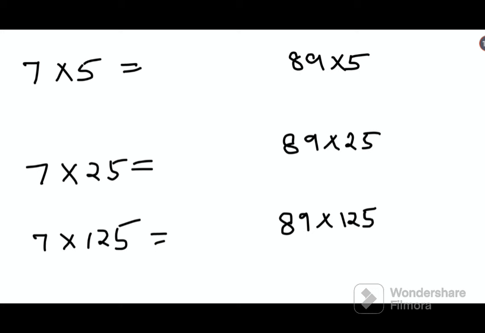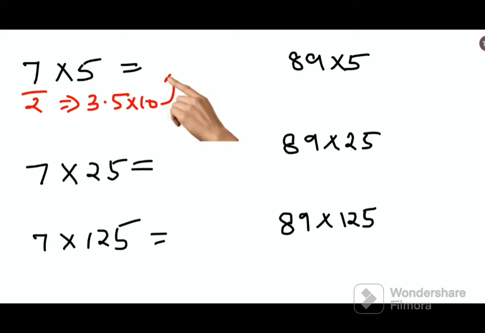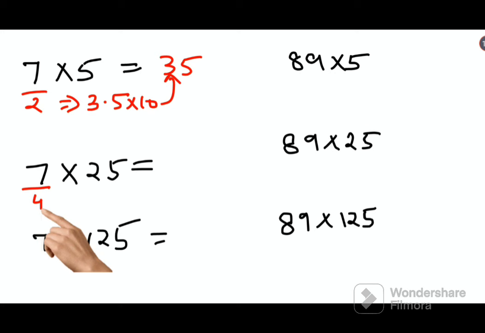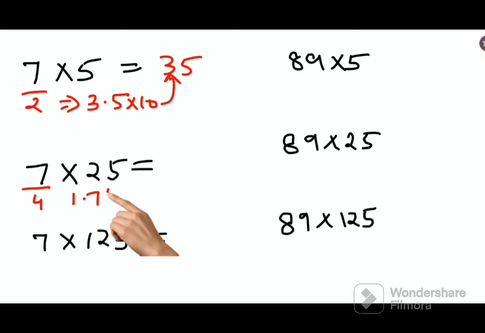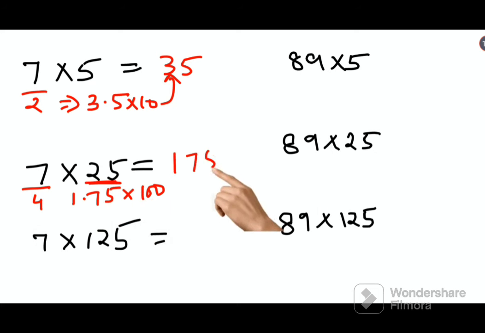So now, 7 divided by 2 gets you 3.5. You multiply by 10, so your answer comes out to be 35. Now 7 divided by 4 gets you 1.75, multiplied by 100, or you just add 2 zeros because there are 2 digits, so you get 175.